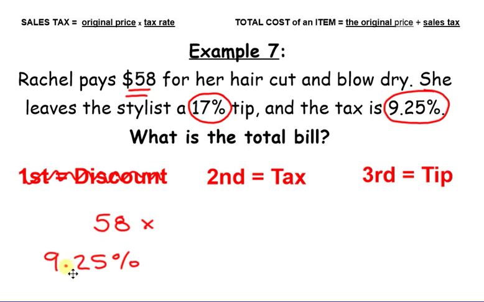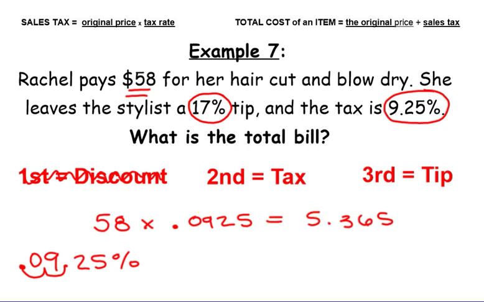9.25%. I need to move the decimal point back 2 spots, add my 0 as a placeholder. So times 0.0925. Go ahead and calculate that. And you're going to get 5.365.